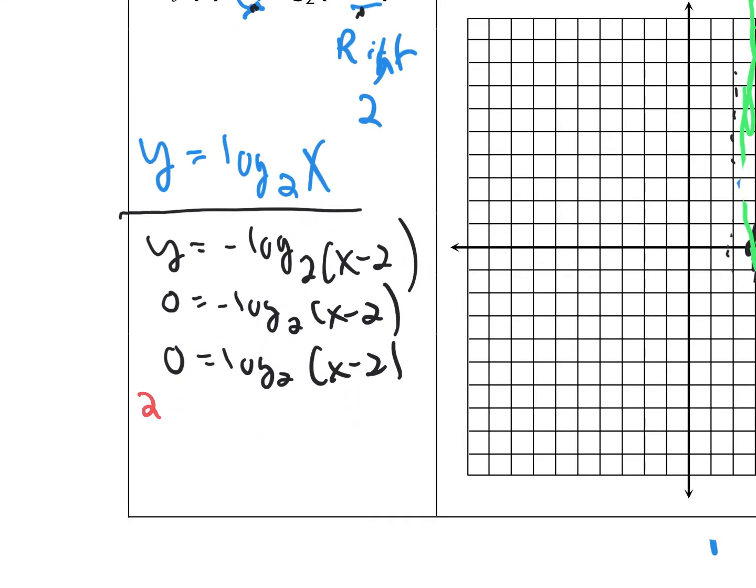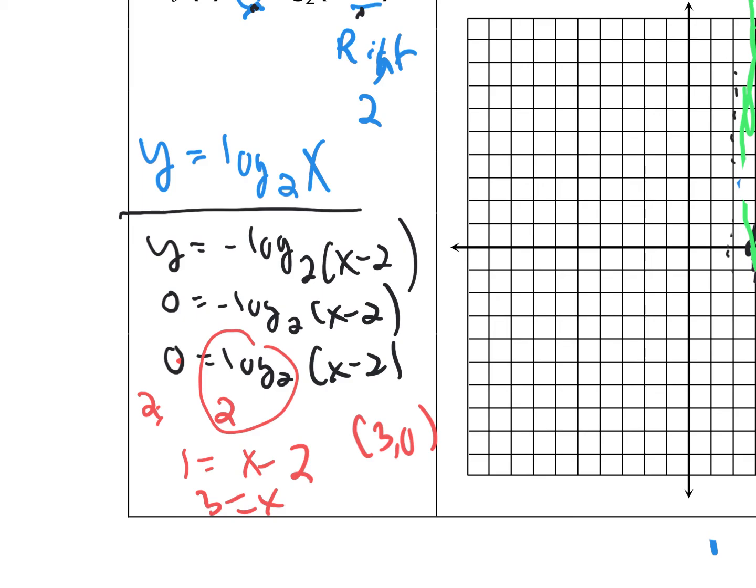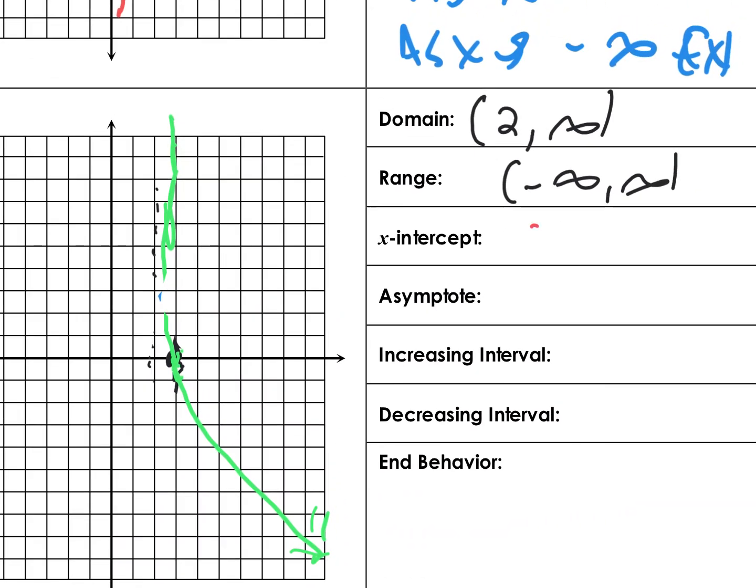Exponentiate both sides to get rid of the log base 2. This goes away, this becomes 1. 1 equals x minus 2. Add 2 to both sides. 3 equals x. So it's (3, 0). It's a good skill to do.